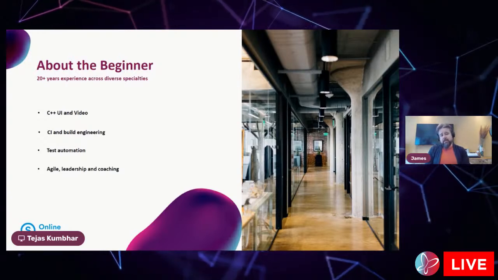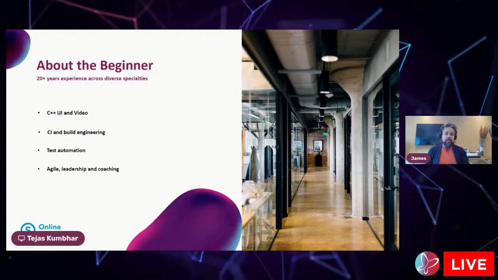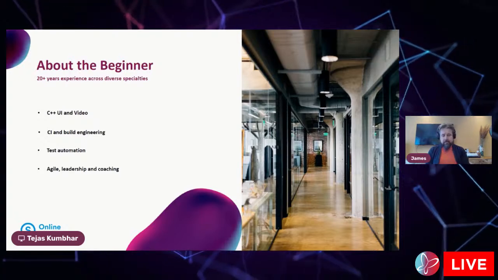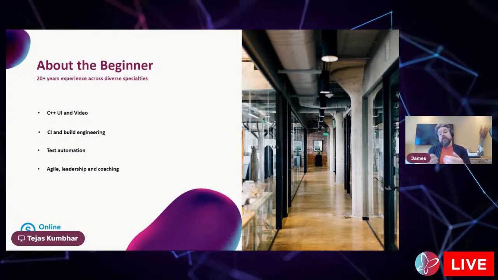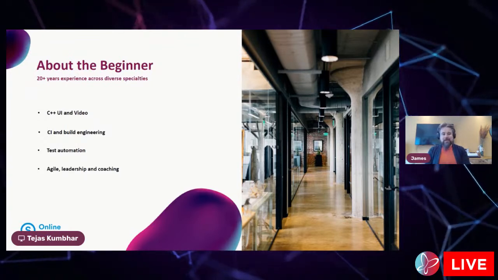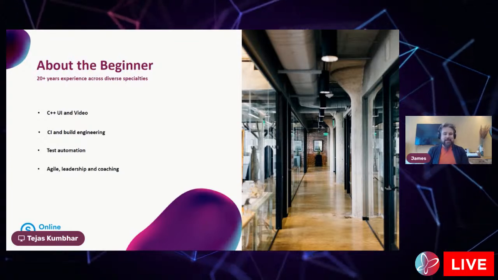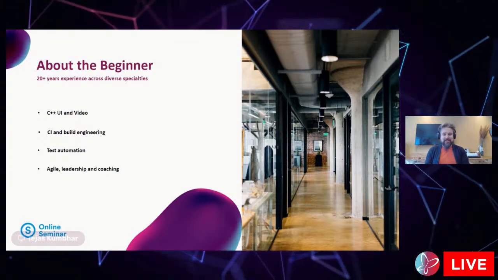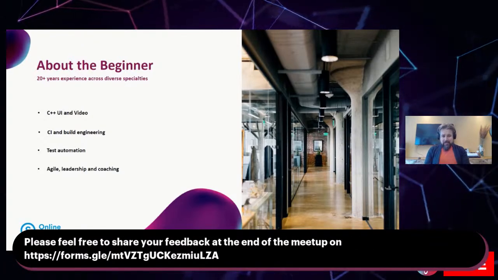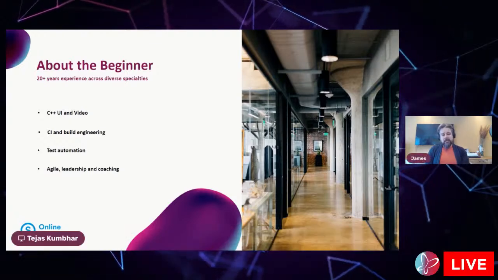Then I got interested in CI, and so I began continuous integration and general build engineering efforts at one of my previous companies, which then naturally led into building and starting on test automation, because once you're doing CI, it's not just enough to be building your software. You also have to test it and make sure that it's working correctly as you build it that quick. And after that, I started looking into agile leadership and coaching.